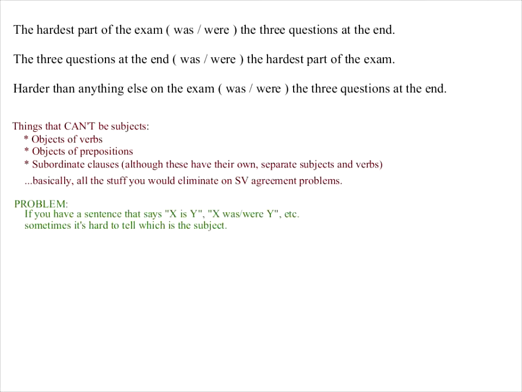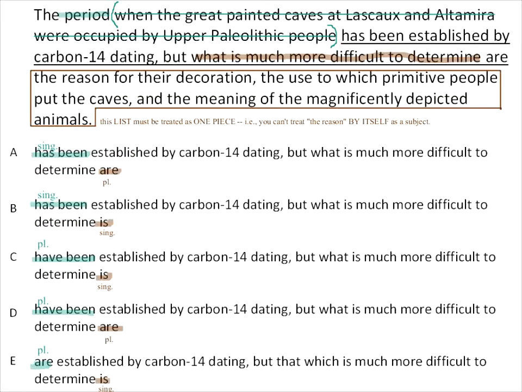For example, in the previous problem, the majority of you misidentified the subject. Because we have, what is much more difficult to determine is blah blah blah, and a lot of you, if not most of you, thought the blah blah was the subject.